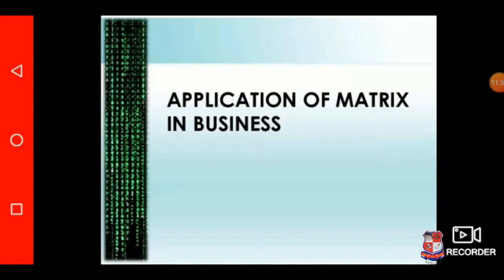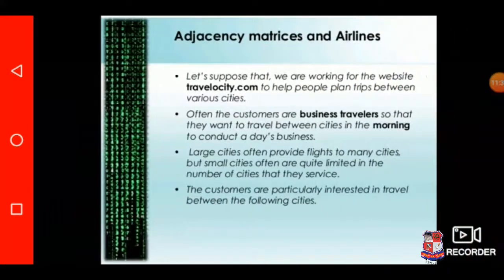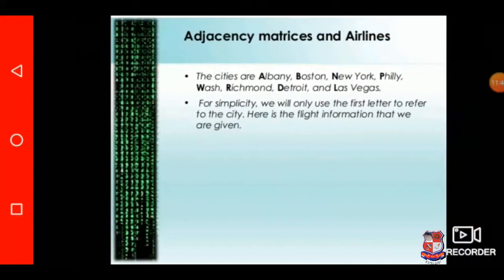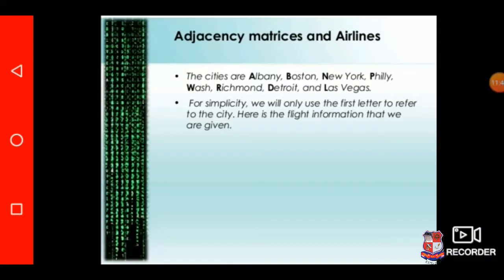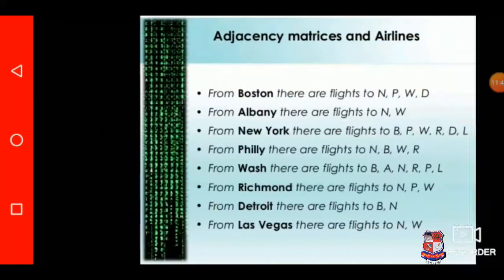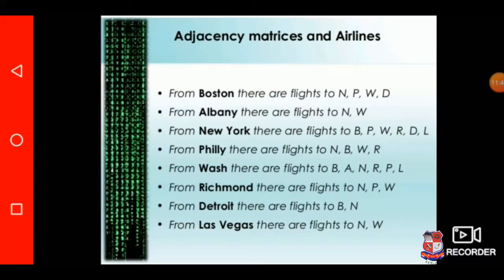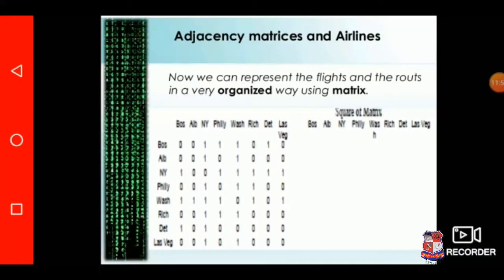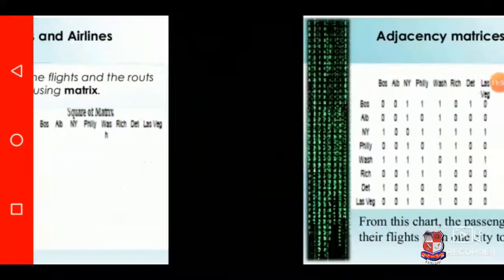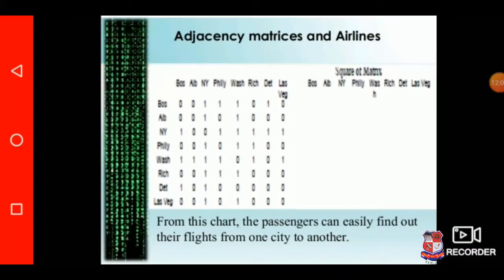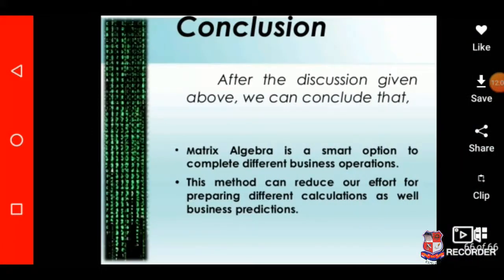Application of matrices in business. Adjacency matrices and airlines: there are several applications for that. Here is a typical example of flights, and how they can be organized using a matrix.